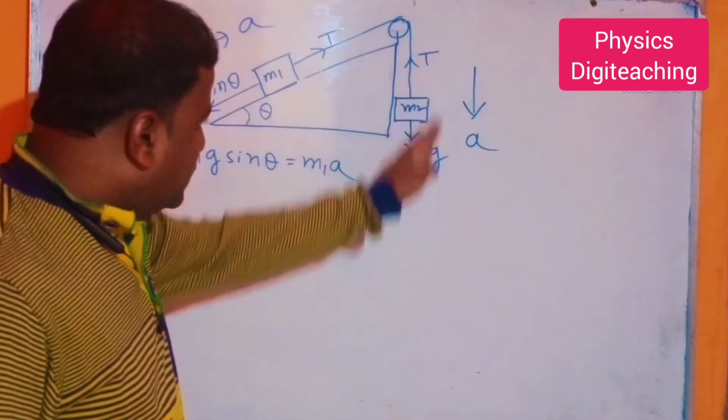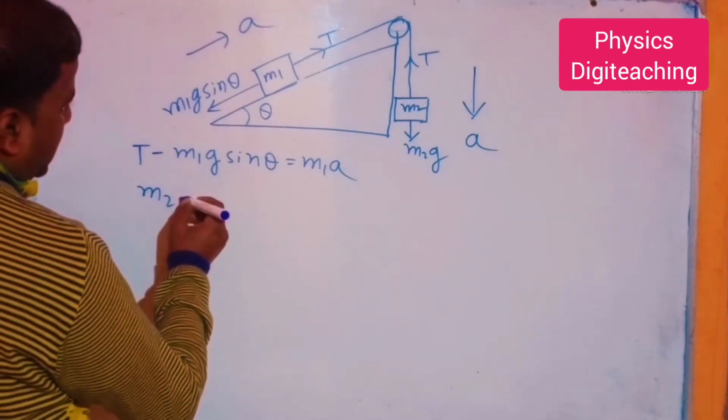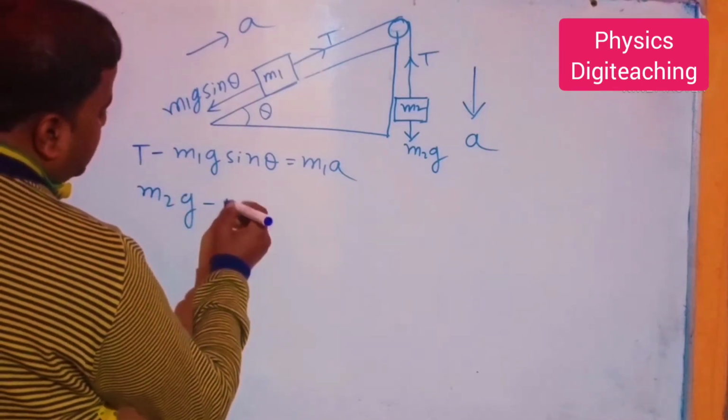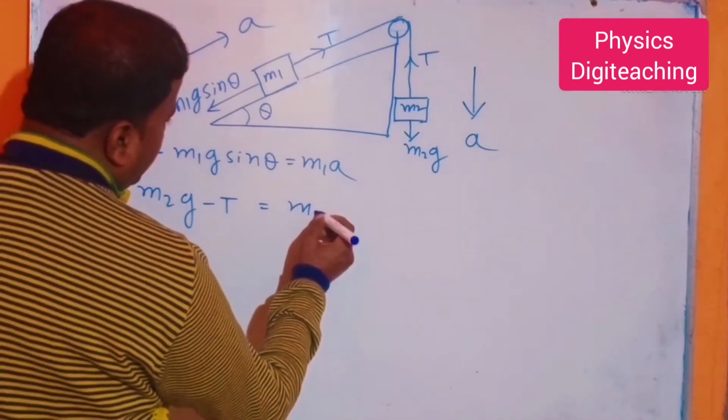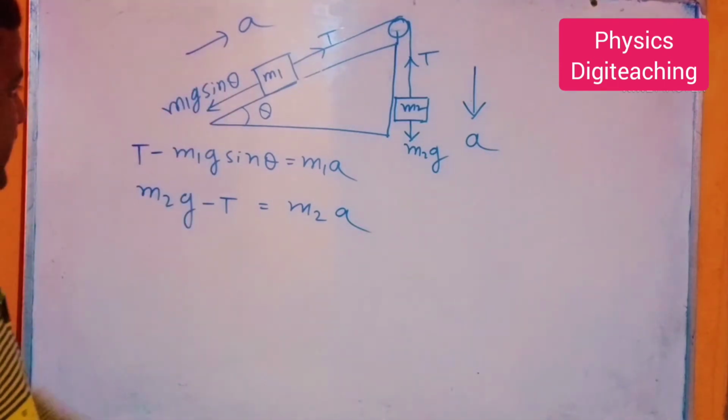The mass m2 moves downward, therefore the net force is m2g minus T equal to m2a. Now we can easily solve these two equations to find the acceleration and T.